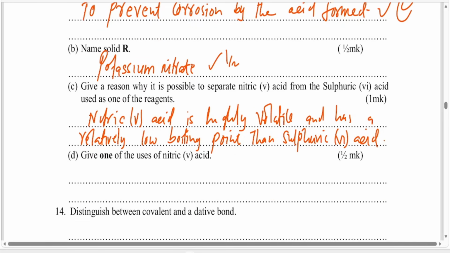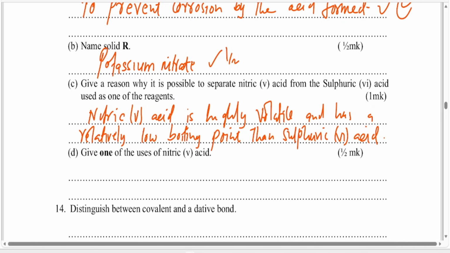Give one of the uses of nitric (V) acid. Nitric (V) acid has several uses. One of the uses, it's used in the manufacture of nitrate fertilizers.